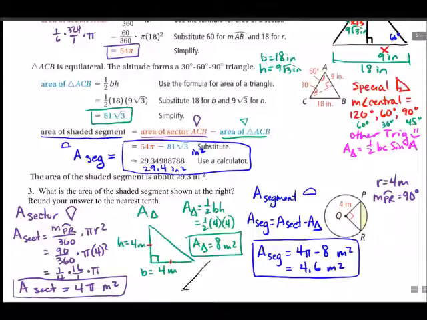Now, we could have drawn our triangle and dropped this down, 45-45, and we know that this is 4. And we could do x, and x square root 2, and we would come out with exactly the same answer. This would give us x equals 4 divided by square root 2, and then multiplying everybody by square root 2, we would get 4 square root 2 over 2, so we would get 2 square root 2.